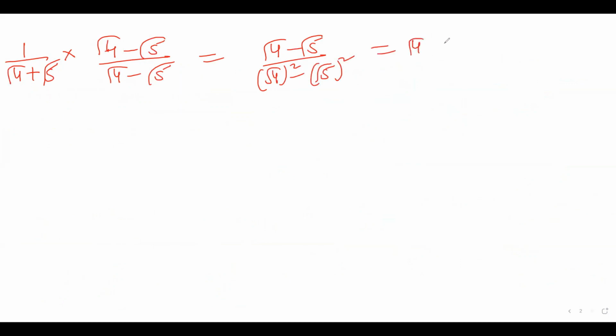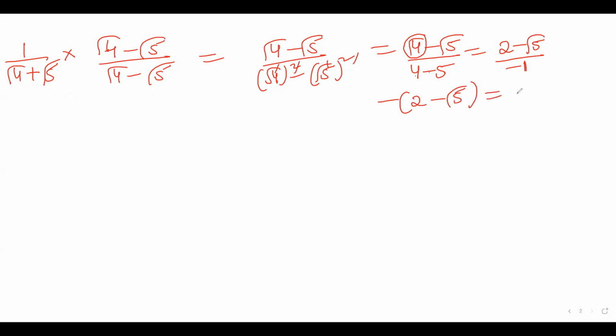The square and root will get cancelled. 4 minus 5. You all know square root of 4 is 2, so 2 minus root 5 by 4 minus 5, which is minus 1. Take minus to the numerator. Open the brackets. You will get minus 2 plus root 5. This is our fourth term simplification.